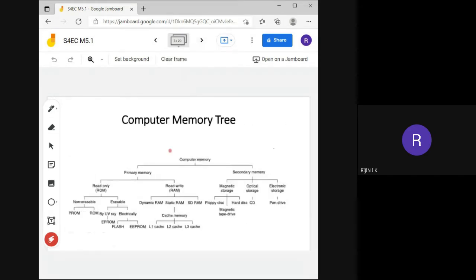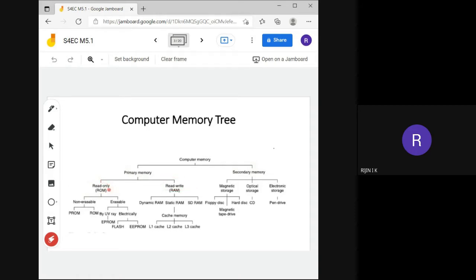So first, this is the memory tree. We can say computer memory we classify into two categories: primary memory and secondary memory. In primary memory, ROM is there, that is read-only memory, and read-write memory, RAM, is there.